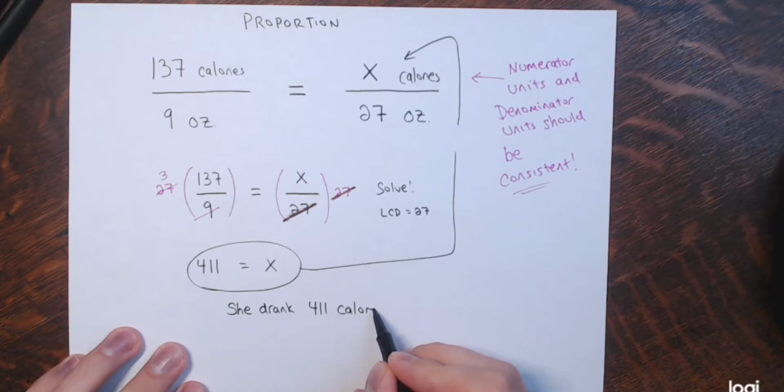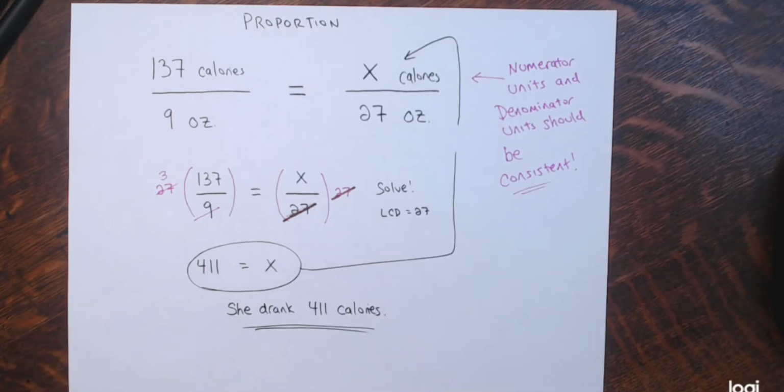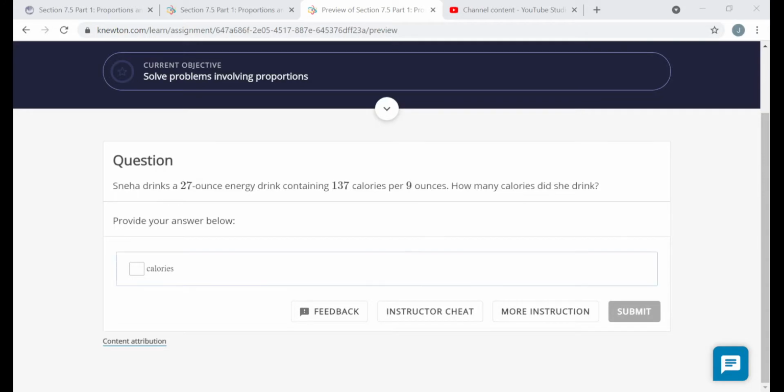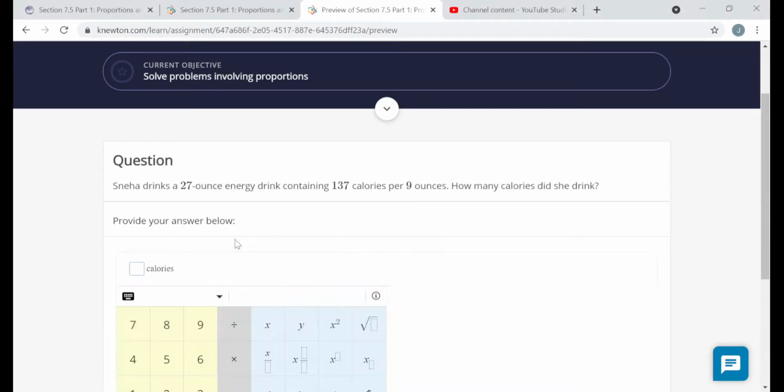I'll just write 411 calories, if you want to write a complete sentence. But all they're asking us to do is fill that in, right? Fill in a blank back here in the assignment page. So, how many calories did Sneha drink? 411. I hope that, again, you'll see probably 3 other questions where I do this, but when setting up a proportion, just make sure your units are consistent.